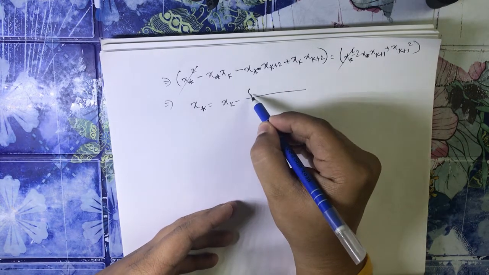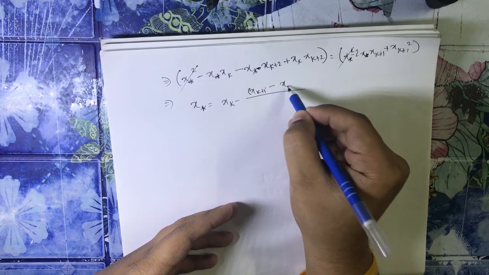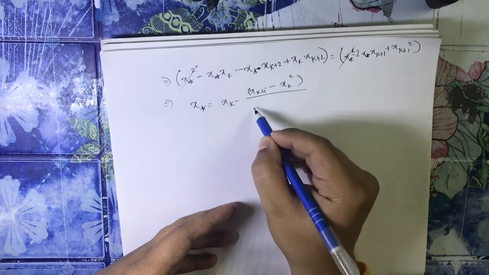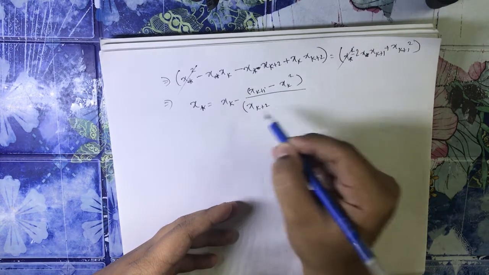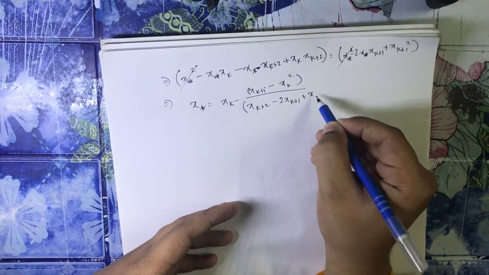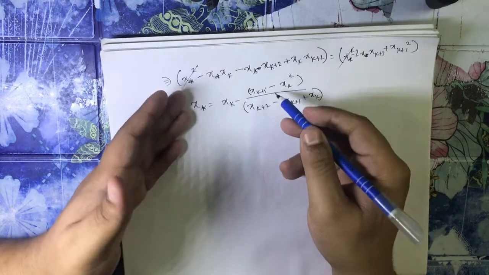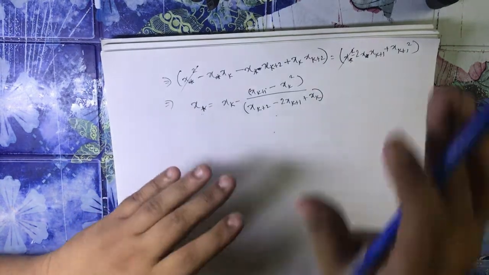So xk minus (xk plus 1 minus xk) whole square divided by xk plus 2 minus 2xk plus 1 plus xk. All right, this is the formula that we have derived for x star.